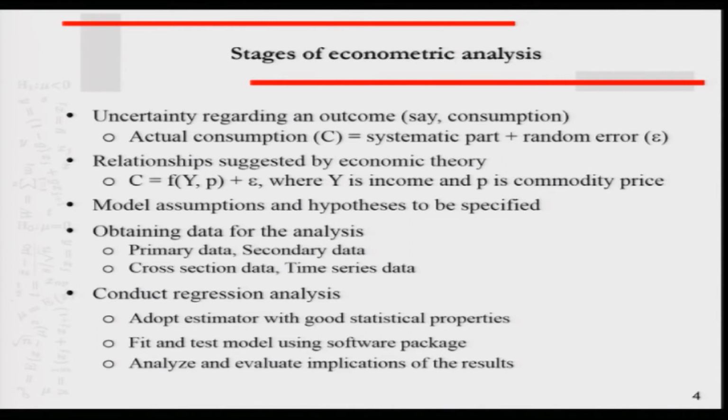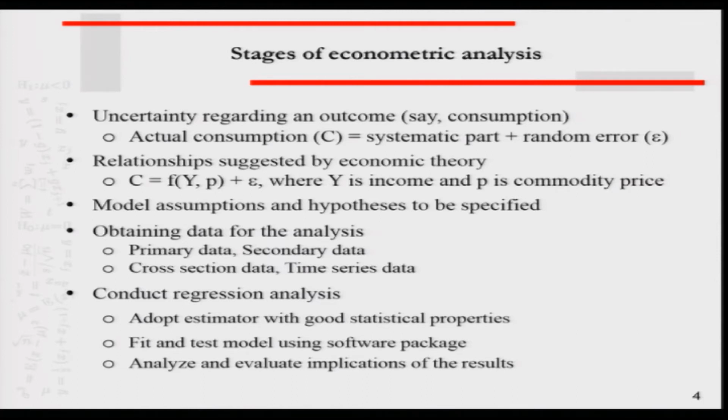Now, there is also a distinction between cross section data and time series data. What are they? A cross section data is basically drawing a random sample from the population at a given point of time. The best example could be the population census, right. Time series data is another type which is very different from cross section data.